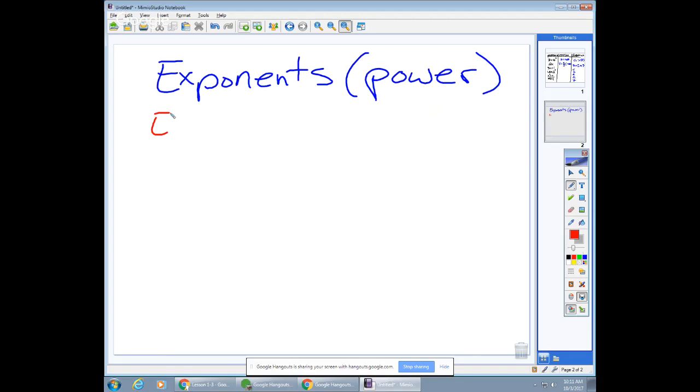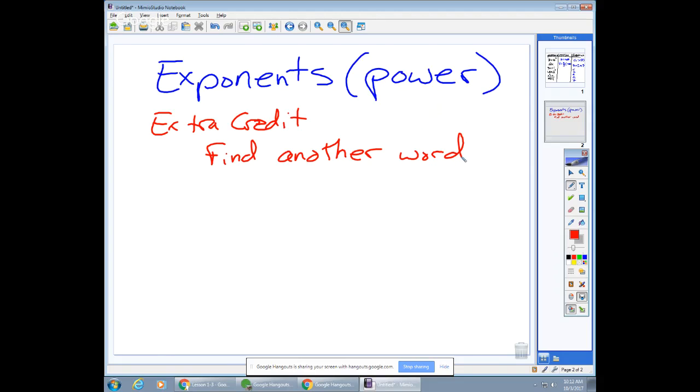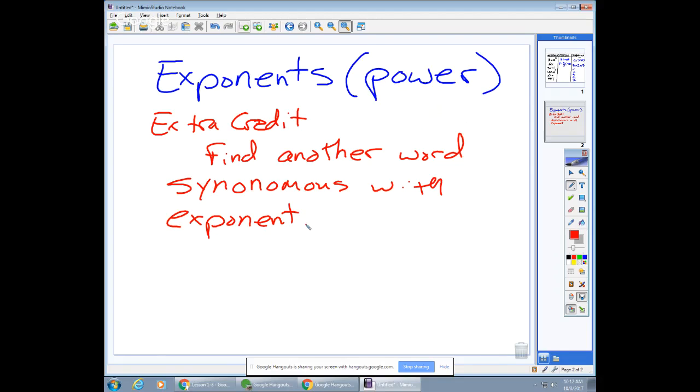So here's some extra credit for you. Extra credit, due tomorrow, if you want credit for it. Find me another word synonymous with exponent. Okay, so synonymous means the same thing, right? Now, exponent can mean different things.